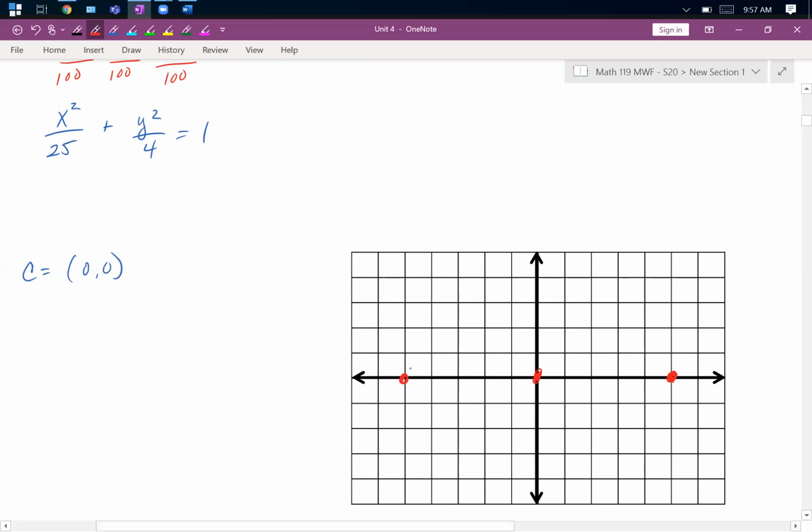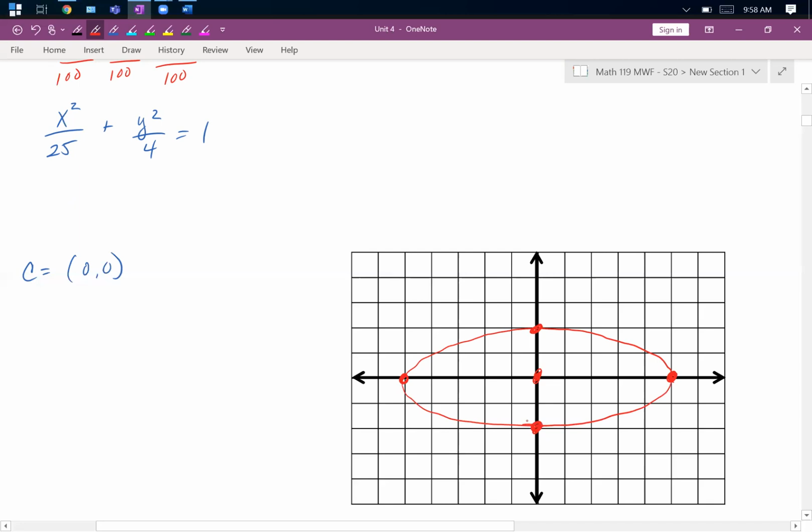How many are we going to go in the y direction? 2. All right, now once we have these 4 points, we just connect the dots and do our best to draw in an oval. Mine always look like eggs. All right, and there we go.